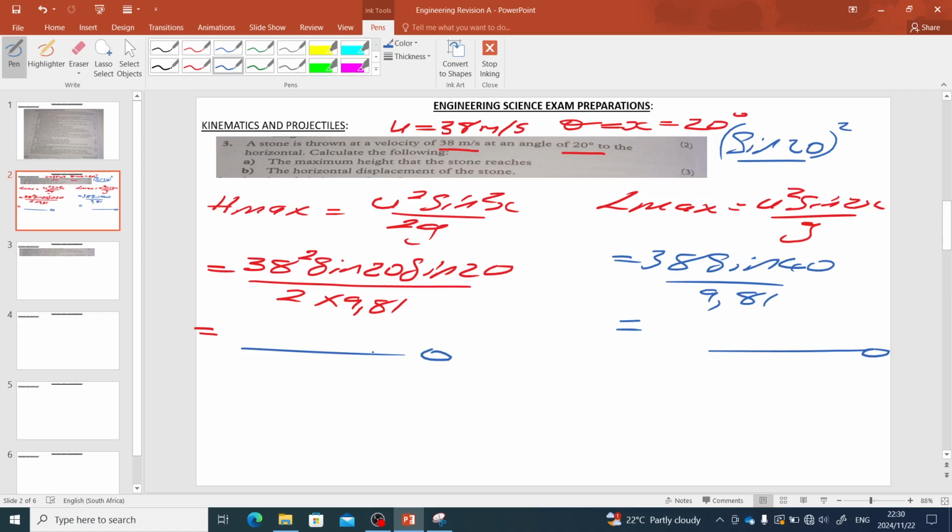Divided by 2 times 9,81. And then I get my height as 8,609 meters.